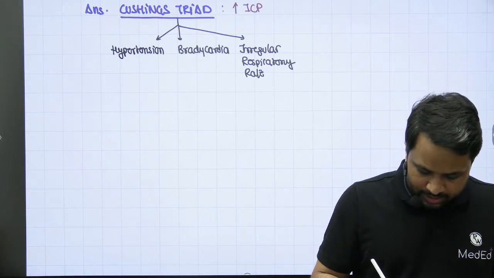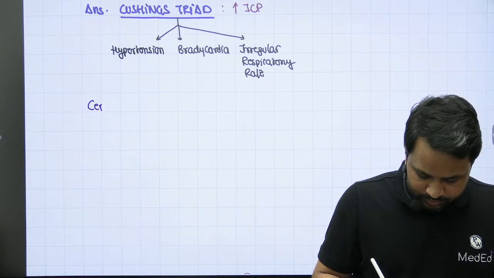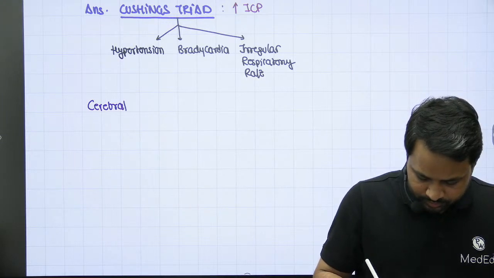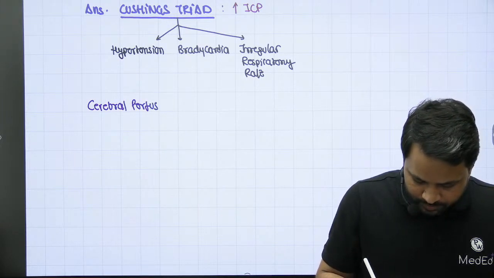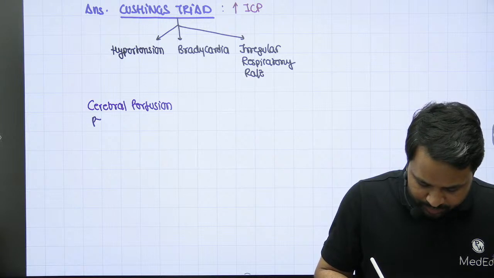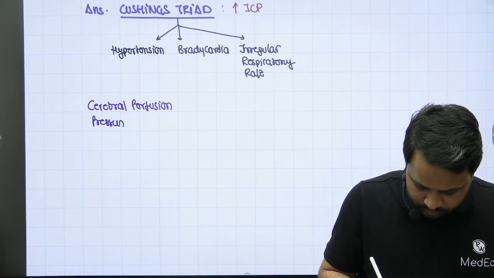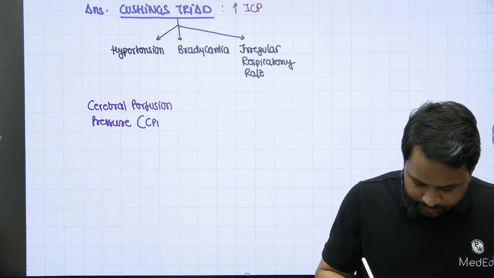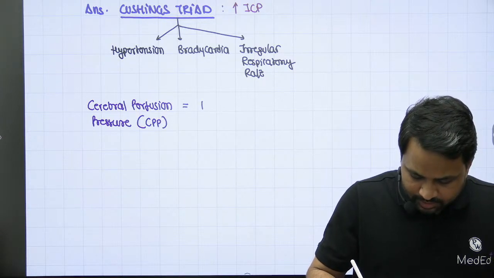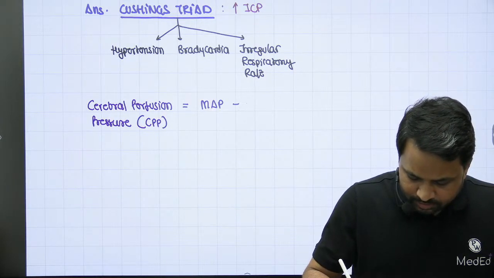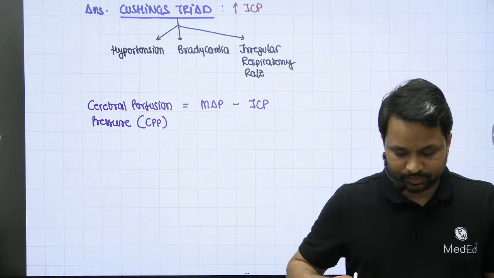That is something called the cerebral perfusion pressure. Now the cerebral perfusion pressure is what we call CPP. How do we calculate it? It is calculated as the mean arterial pressure minus intracranial pressure.